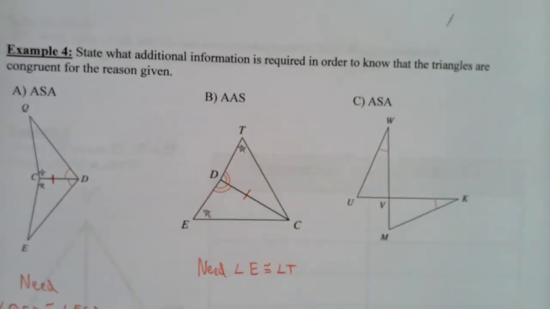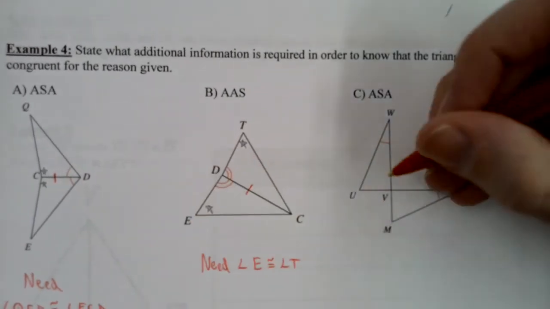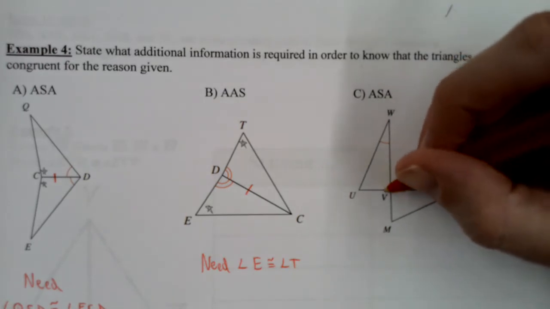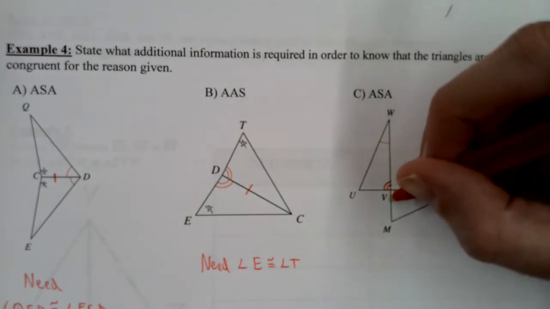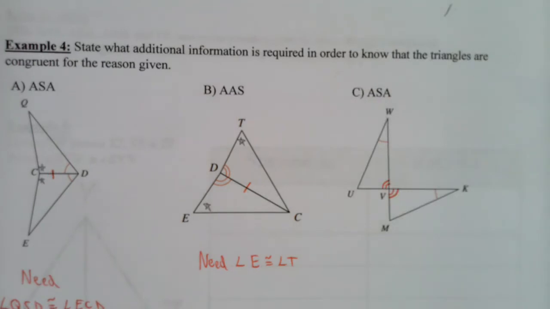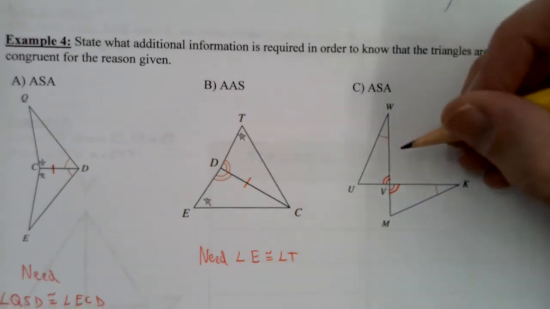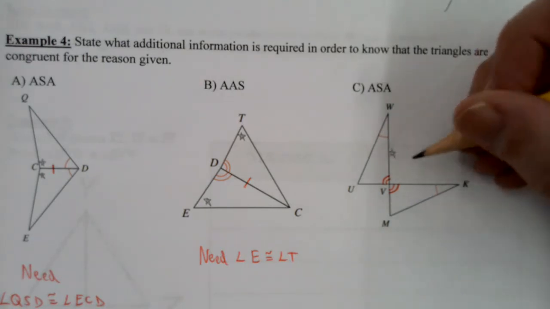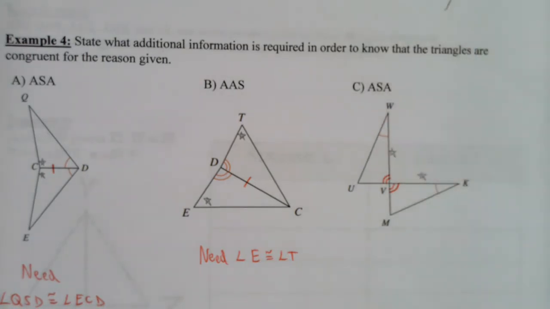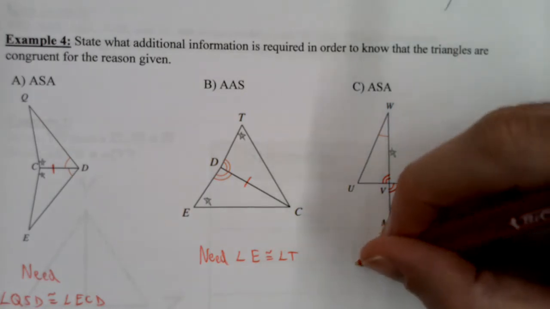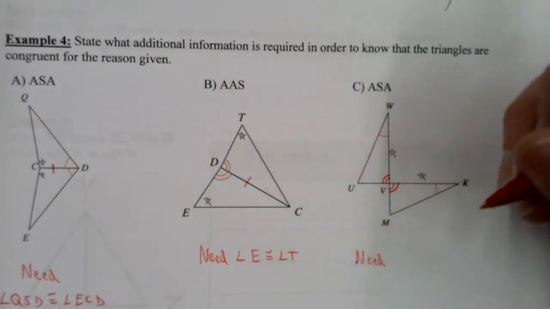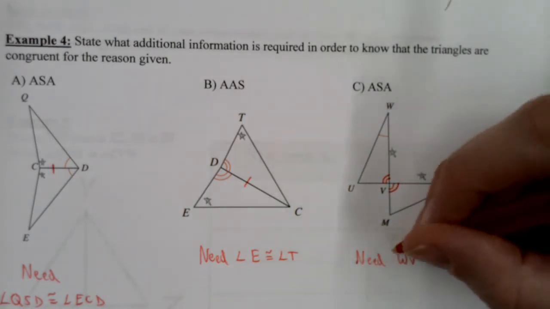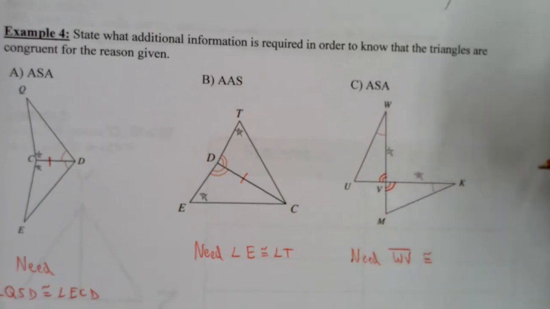Part C, what other information do you need to have angle, side, angle? Well, you have vertical angles. You can label that yourself. You do not need that, so we know that. So what do we need for angle, side, angle? We need to know that this side with the star is congruent to that side with the star. So you need WV congruent to KV.